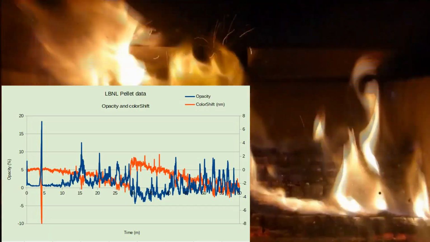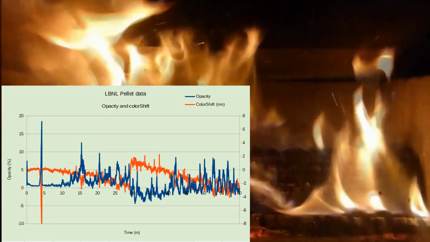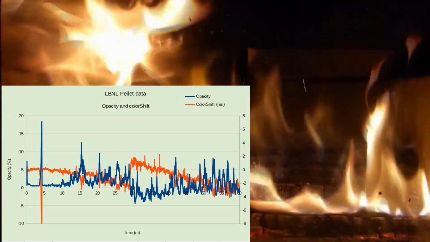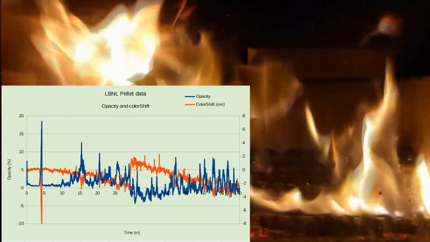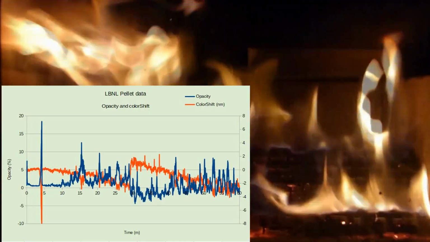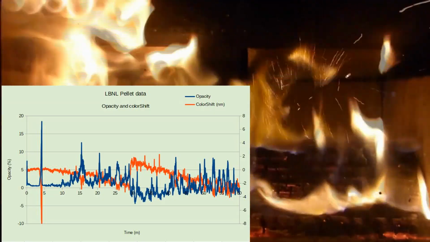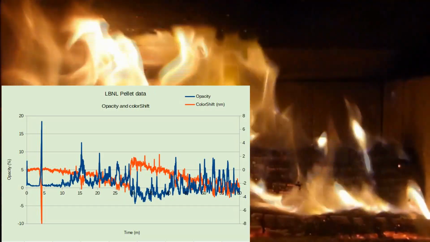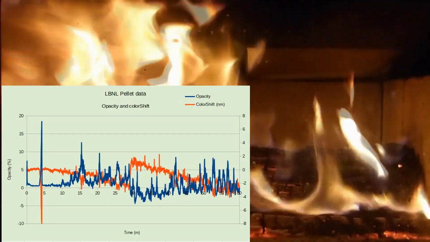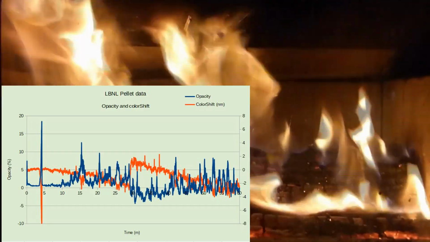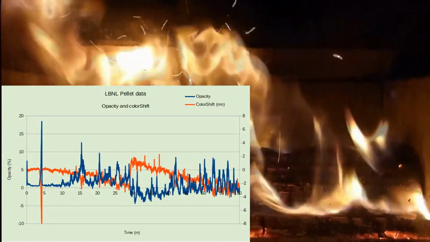Sometimes it does shift to the blue, but the peaks generally go up. What I see in the data is that when it goes into the ember phase, we get a negative or blue color shift and a very low opacity. So there are different types of data coming in different ways, and when we look at the opacity together with the color shift, we get a clearer picture of the particles leaving the chimney.